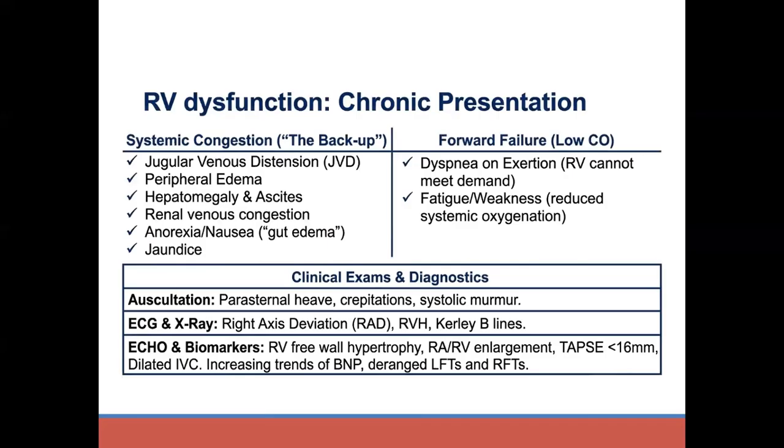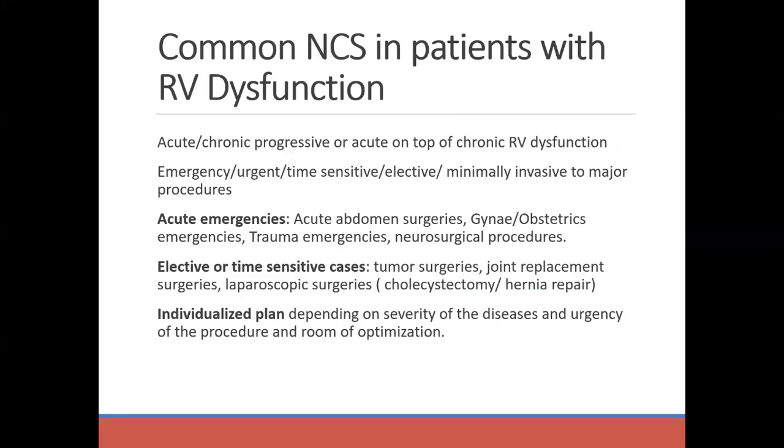On echo, you can appreciate RV hypertrophy, reduction in TAPSE, a trending high BNP, and deranged LFTs and RFTs. These all cumulatively tell you that your RV is failing and dysfunctional, and you need to do something to optimize this patient.